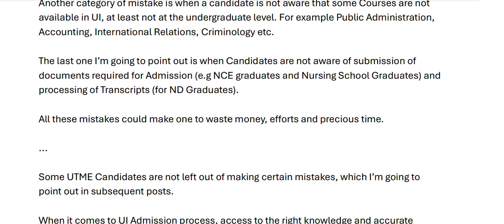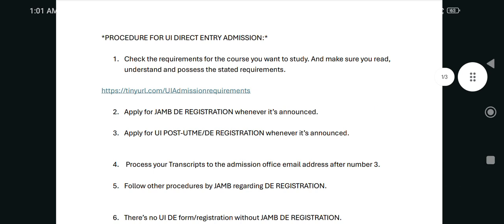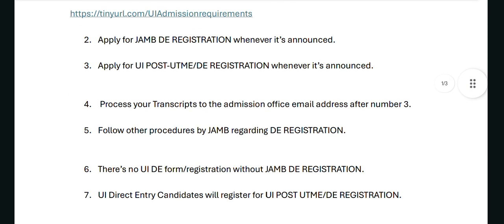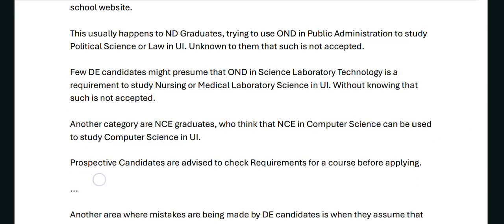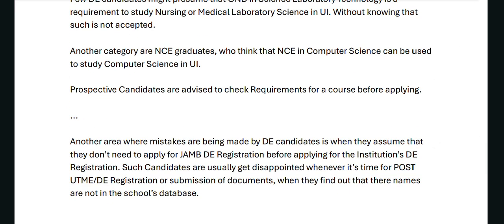Okay, the last one I'm going to point out is when candidates are not aware of the submission of documents required for admission. You notice that in one of these places I said that you process your transcript, and I explained comprehensively in part 2 of the video that when you are done with JAMB DE and UI DE registration, you are going to submit your documents, process your transcript, and send the same documents via email.